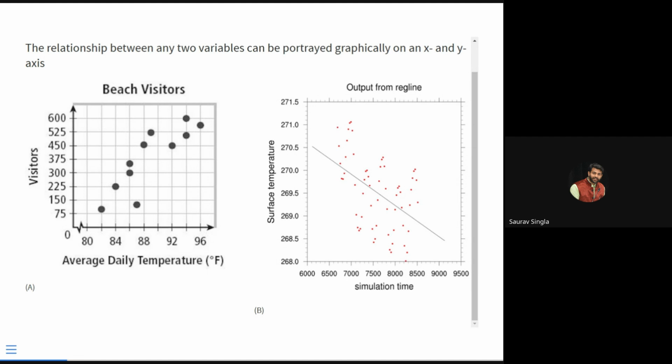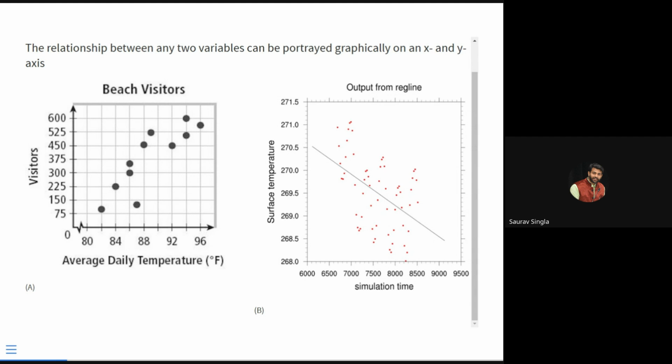But in case of a linear relationship, if the delta x is the same, then delta y is also the same. That means the two variables are linearly related. That means when you make a scatter plot, there will be a straight line.